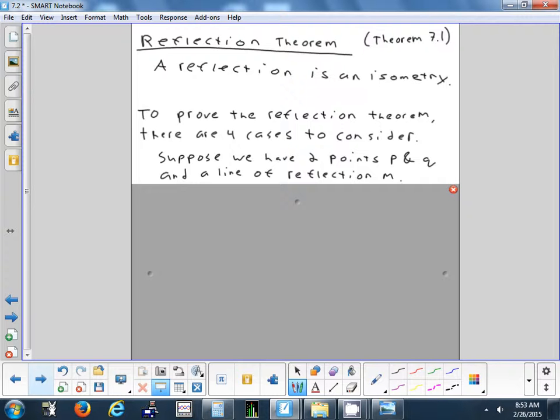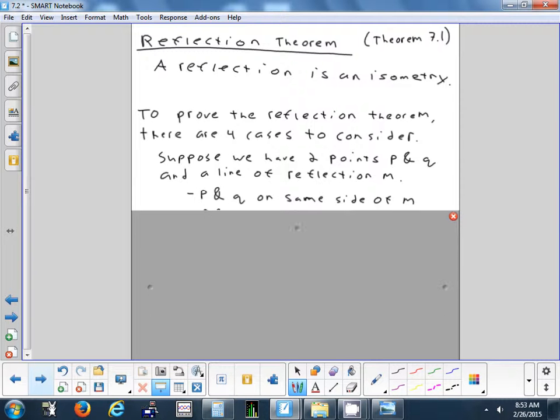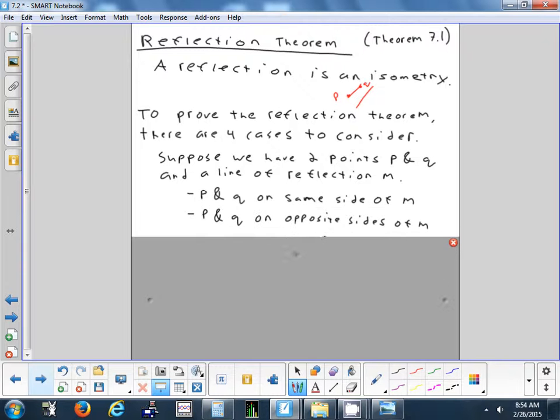All right, so to prove the reflection theorem, we're not going to go through the proof, but I'm going to show you the 4 cases you would have to go through. Suppose we make it very simple. You're just reflecting a single segment, segment PQ. The 4 cases that could happen: P and Q could both be on the same side of the line that you're reflecting. P and Q could be on opposite sides.